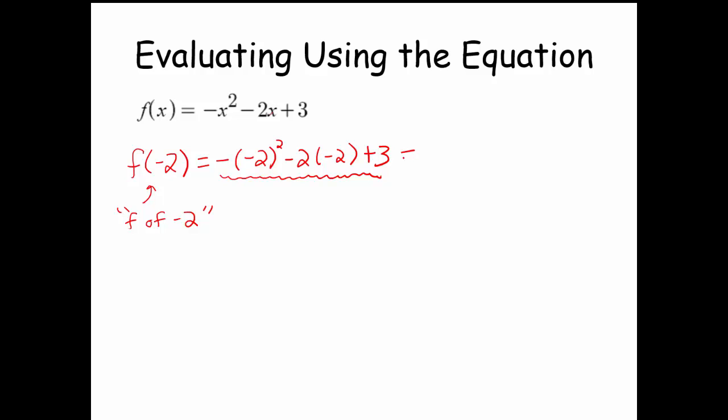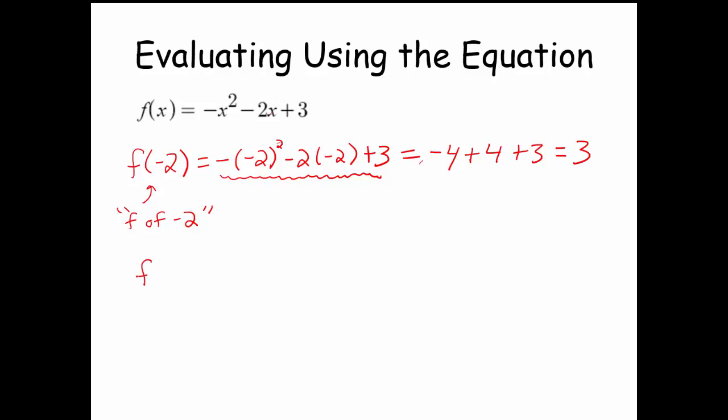Now this is just an order of operations issue. Negative 2 squared, that's negative 2 times negative 2, which is 4. So I've got negative 4. And then here we've got negative 2 minus 2, that's positive 4. Then there's the 3, so this all works out to be 3.